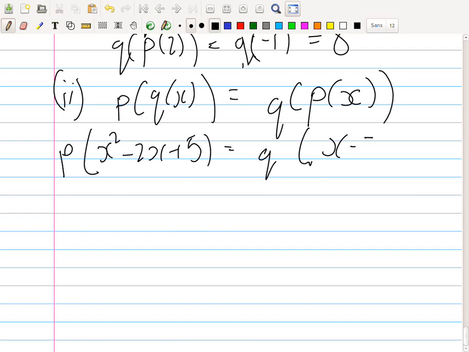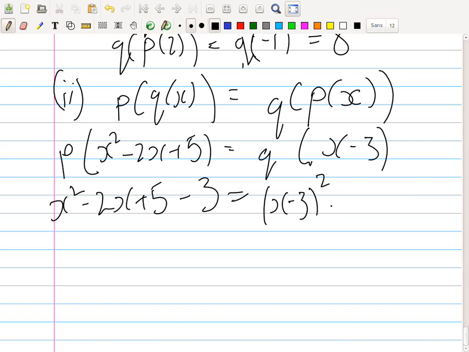I said x minus 3. Now, I put this into p. So when I put this into p, I get x squared minus 2x plus 5 minus 3. And I put this into q, and when I put that into q, I get x minus 3 squared minus 2 times x minus 3 plus 5.